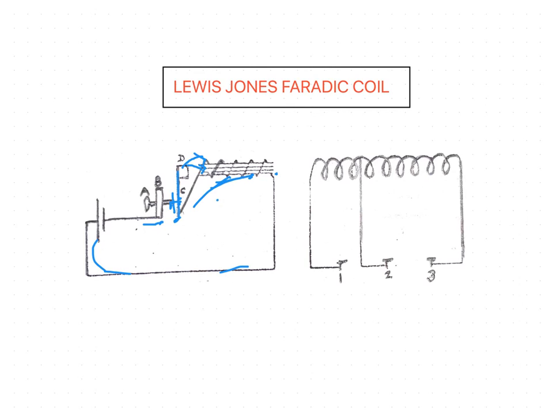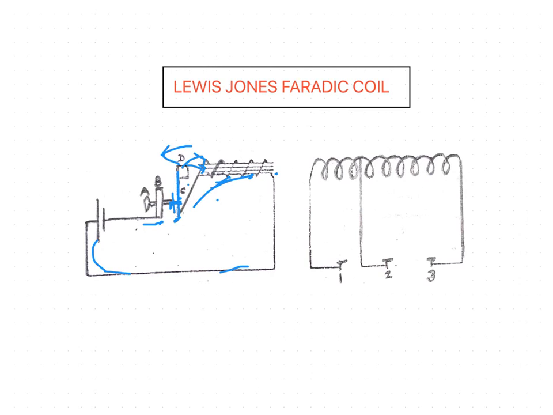Once demagnetized, again the hammer comes back to its position. Once it comes back to the position, the tip again comes in contact with the metal limb of the hammer. Now the circuit is again closed. Now again the current flows through the primary coil and again it is magnetized.